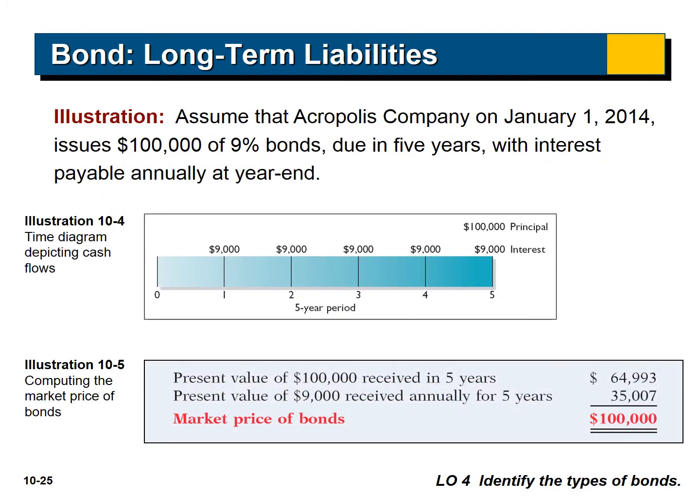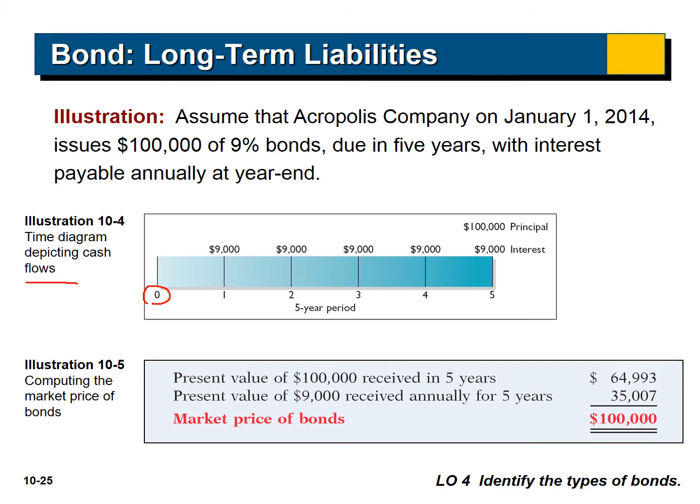Assume that Acropolis Company on January 1st, 2014 issues $100,000 of 9% bonds due in 5 years with the interest payable at the end of each year. So here's an example of the time diagram representing the cash flows. 0 is today, January 1st, 2014, and at the end of every year they're going to pay the interest.